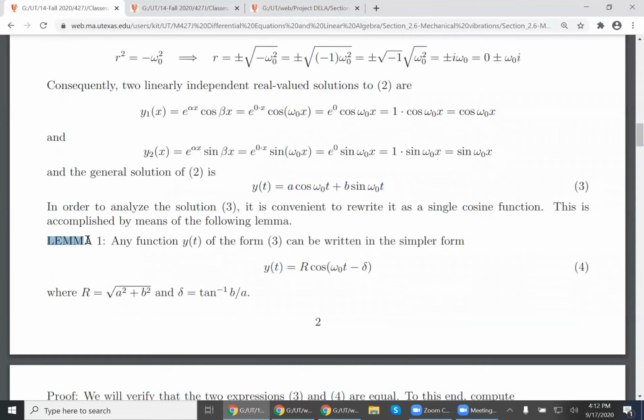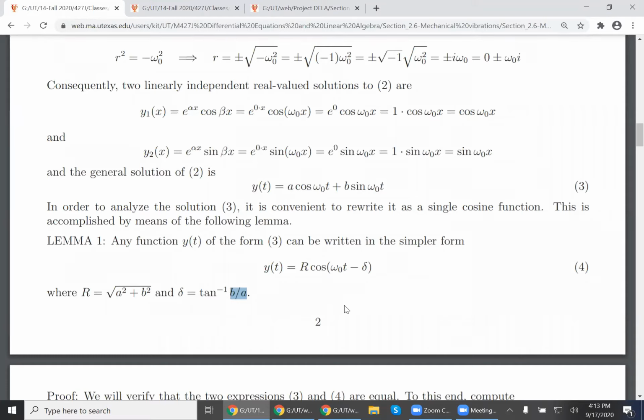Please take a look at lemma 1. It turns out that this can be rewritten as this, where r is square root of a squared plus b squared. Delta is equal to arctangent of b divided by a.